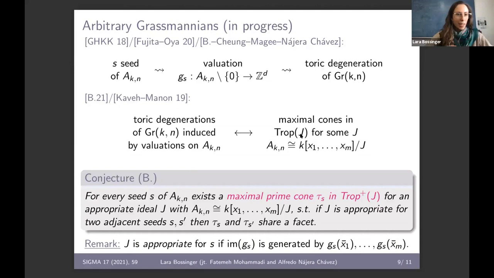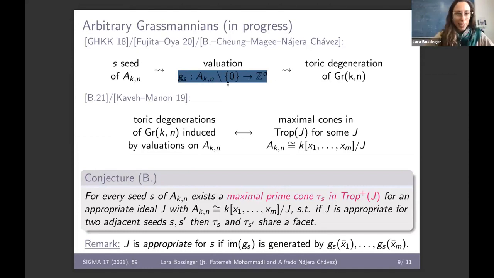So what you can definitely do is, by this paper of Kaveh and Manon, they tell you how to cook up a valuation on the Plücker algebra in this case. I have not thought about whether that would give you some kind of non-cluster cluster structure, but it's definitely very interesting to start and think backwards.